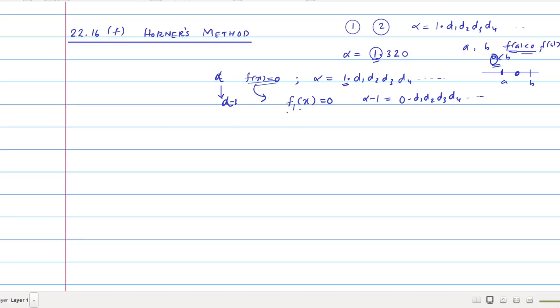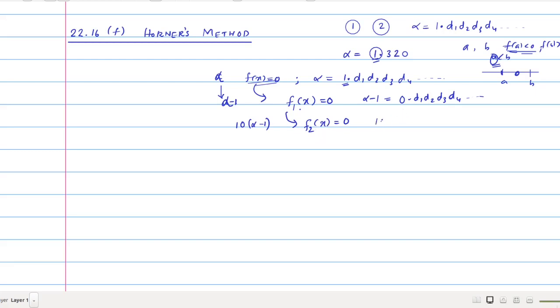Now you construct another equation or transform this equation to f2 of x equals 0, for which the root is 10 times alpha minus 1. അല്ലെങ്കിൽ f1 of x equal to 0 ന്റെ റൂട്ടിന്റെ 10 ടൈംസ് ആയിരിക്കണം f2 of x equal to 0 ന്റെ റൂട്ട്. അതെങ്ങനെയാണ് കണ്ടുപിടിക്കുന്നത് എന്ന് വഴിയെ പറയാം.